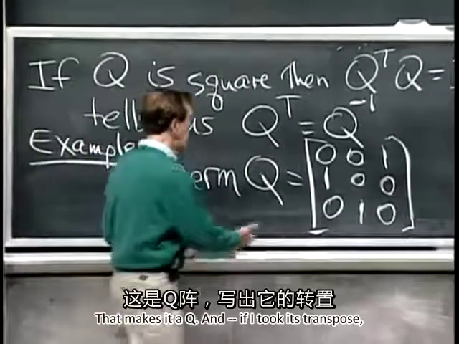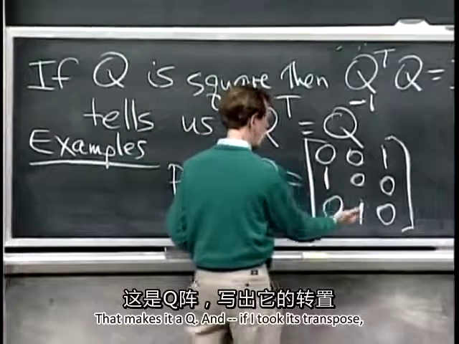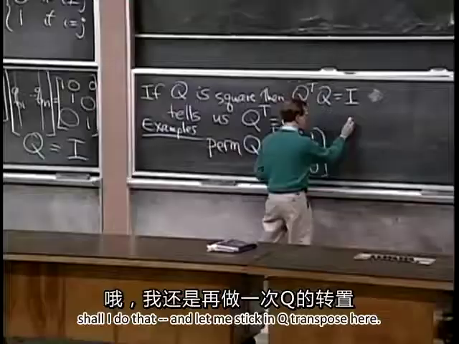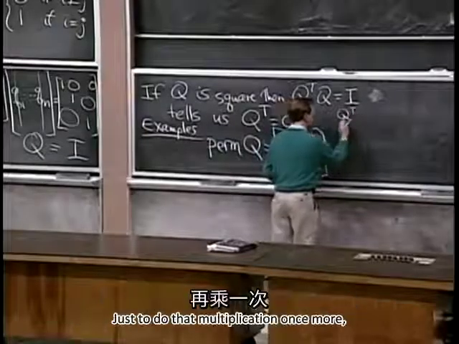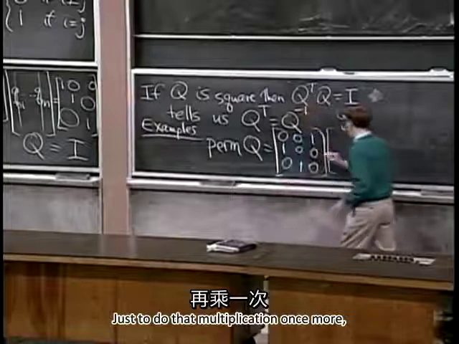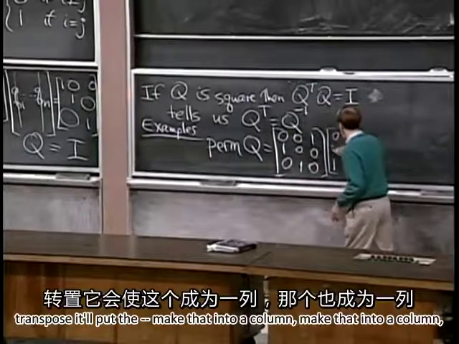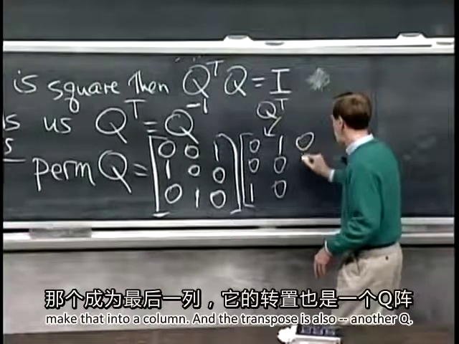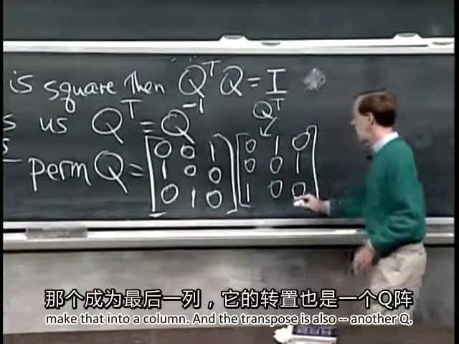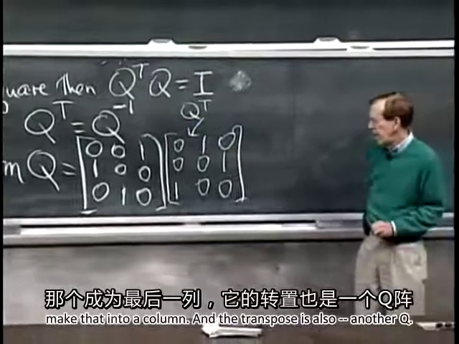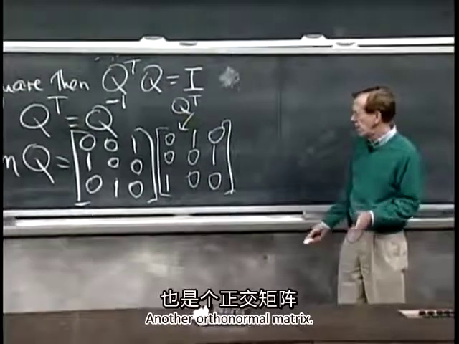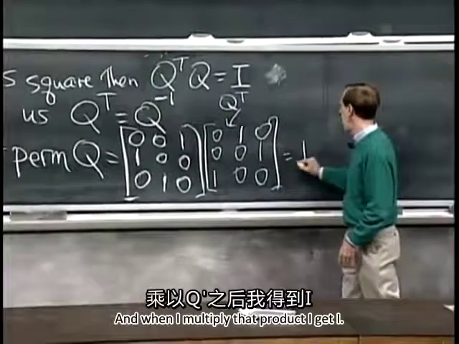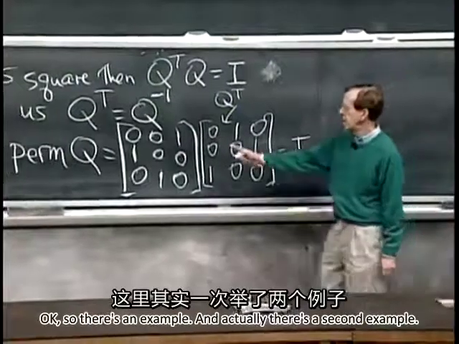And if I multiplied by Q transpose, shall I do that? Let me stick in Q transpose here, just to do that multiplication once more. Transpose makes each row into a column, and the transpose is also another Q, another orthonormal matrix, and when I multiply that product, I get I. Okay, so there's an example.